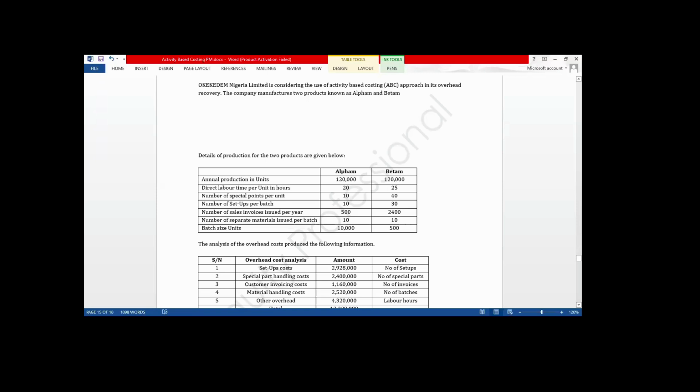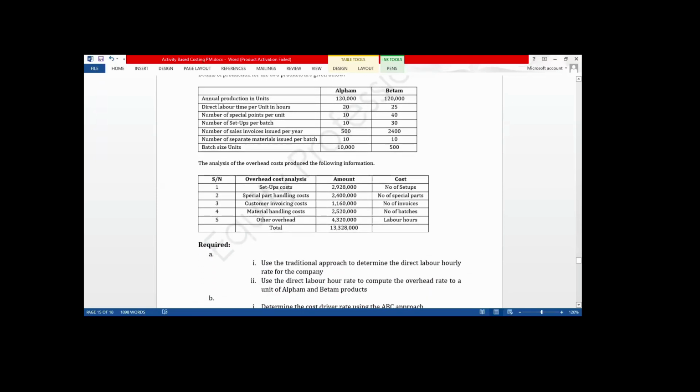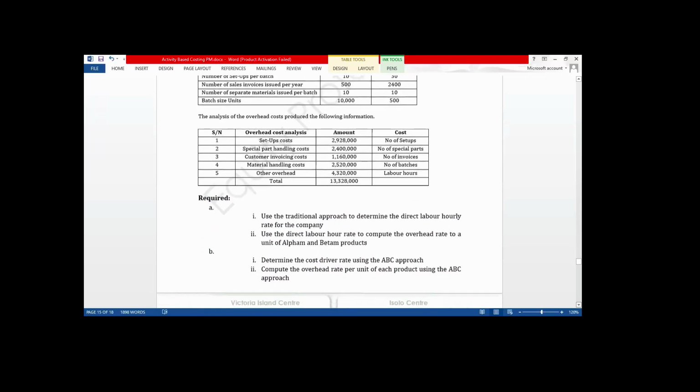Please look at this. This is exactly the same question we just saw. Look at the requirements. A1. Use the traditional approach. Determine the direct labor hourly rate for the company.